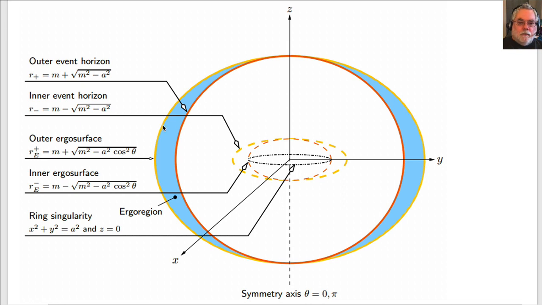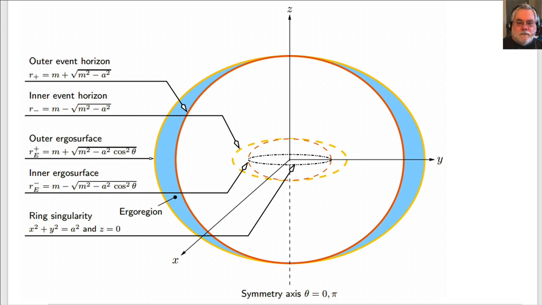The outer solid yellow line surface, shown here as an oblate spheroid, is the outer ergo surface, which is near to the non-rotating black hole Schwarzschild spherical event horizon in the equatorial plane and touches the outer event horizon on the axis of rotation.